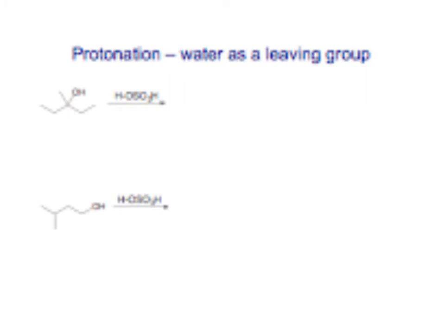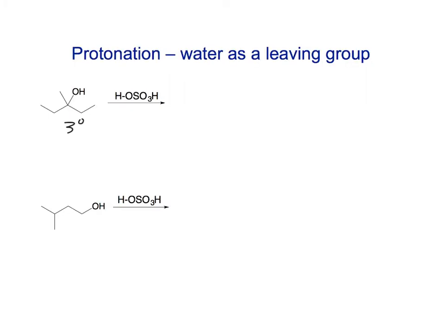The elimination of a tertiary alcohol can be triggered by the use of a catalytic amount of a strong acid. So here we're using sulfuric acid. Let's look at how this would take place. Just like for the substitution reactions, the first step is protonation of the alcohol.